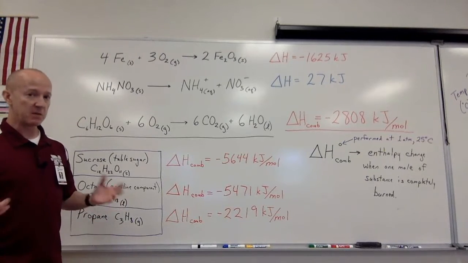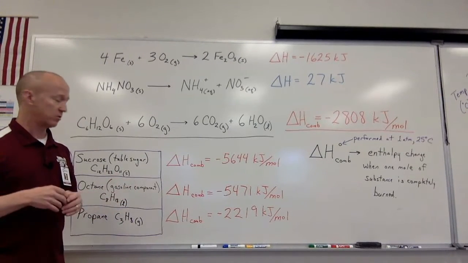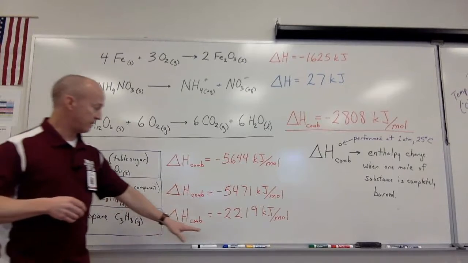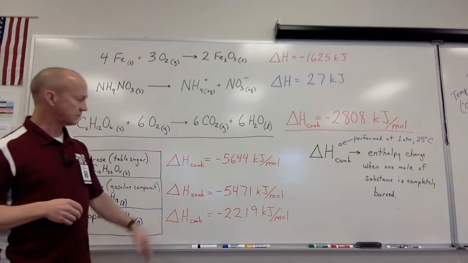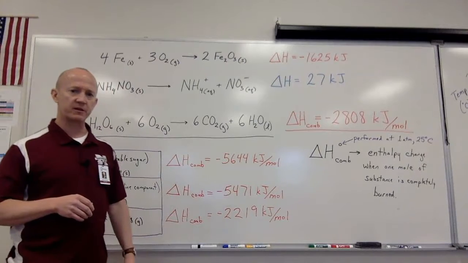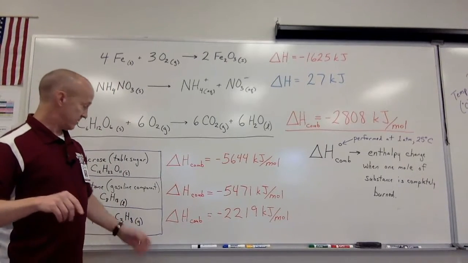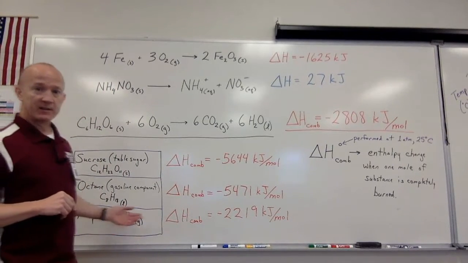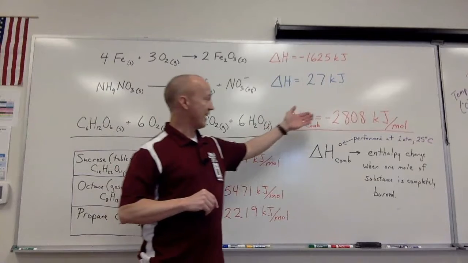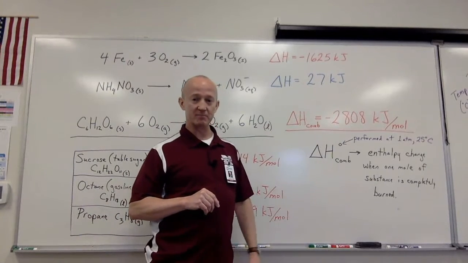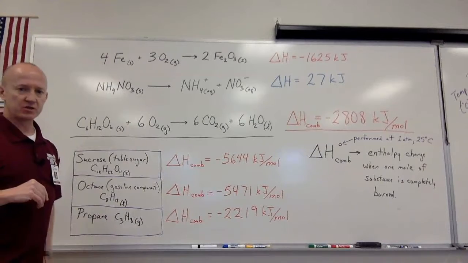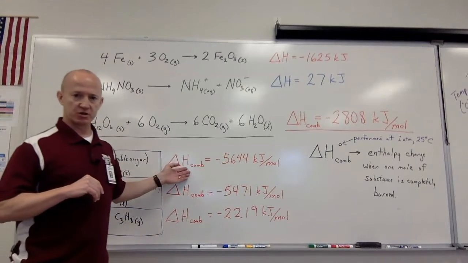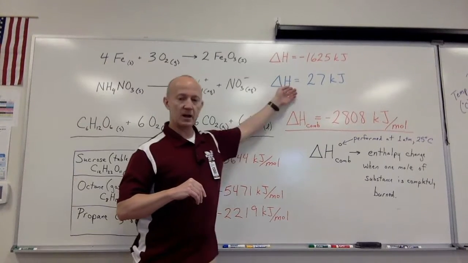Propane, you might make your hamburgers with propane, I don't know. The heat of combustion there, negative 2,219 kilojoules per mole. Each of these, of course, are exothermic. Interesting to note that propane doesn't give off as much heat as 1 mole of glucose does. Fascinating. So again, thermochemical equations, heats of combustion, exothermic, endothermic.